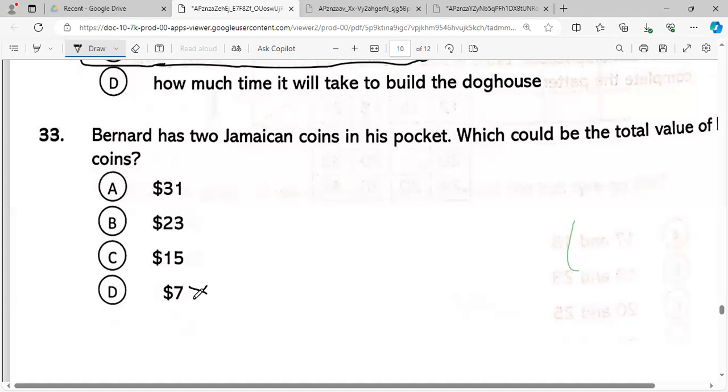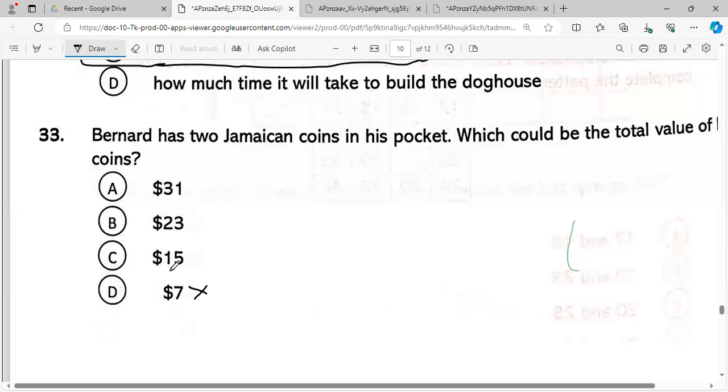For 23, you need a $20 coin and just 3 $1 coins, so it's going to be it. For 31, you need a 20, a 10, and a $1. So it would be 15, because you can have a $10 coin and a $5 coin. I agree, sir.